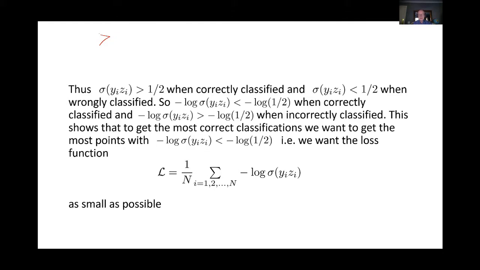So we want to minimize this loss function. Again, we can try to do gradient descent like we did last time. That means we have to compute partial derivatives of this function with respect to the parameters, that is, with respect to the betas.